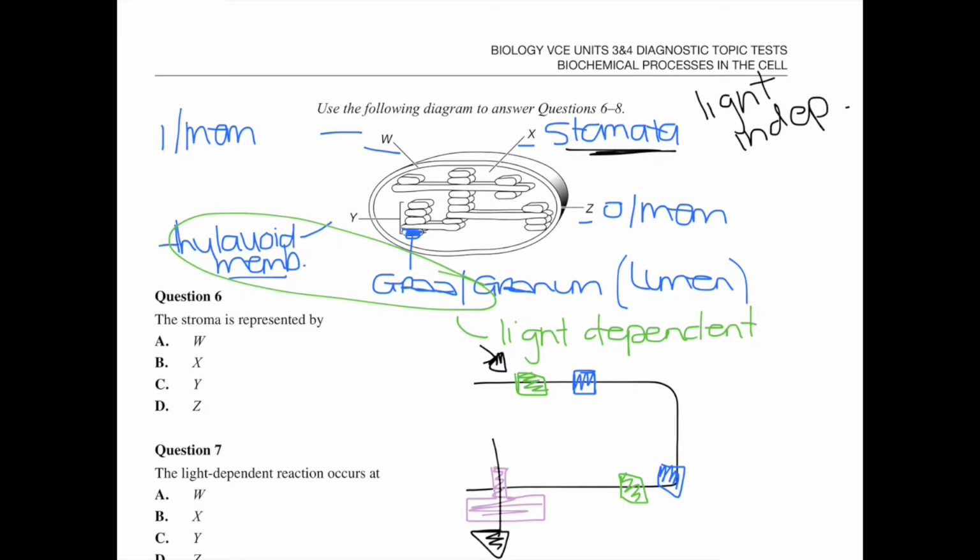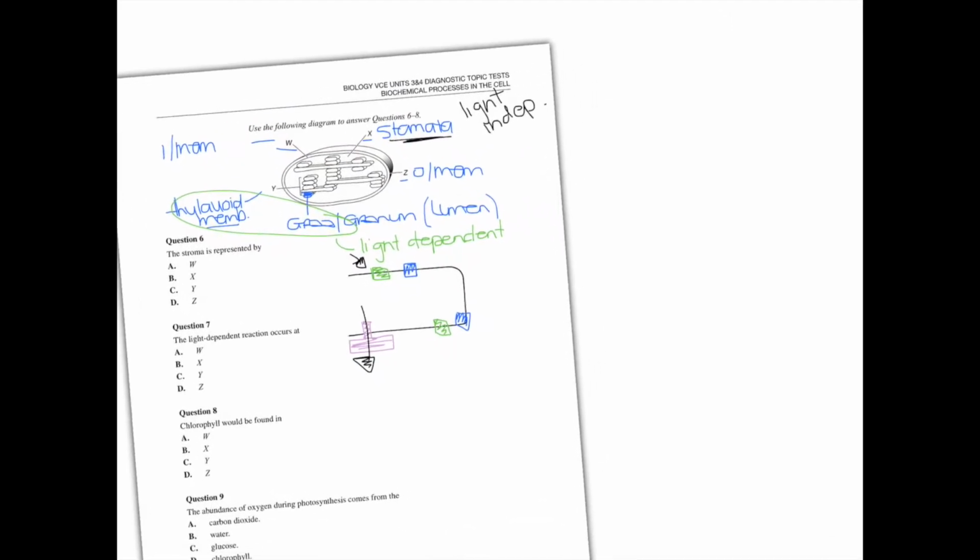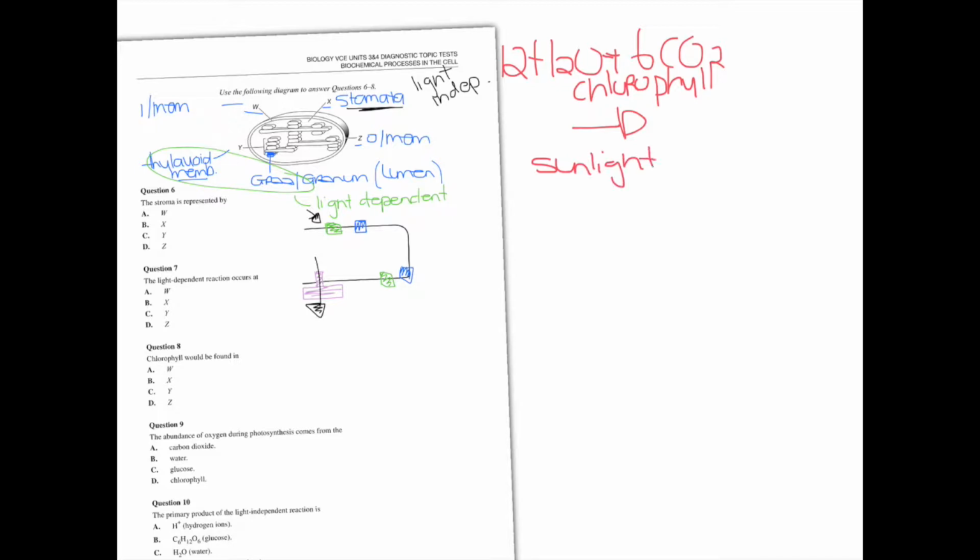The other thing that you should make sure you write down whenever you see a question about photosynthesis is the equation. So 12 waters, 6 carbon dioxides, we require chloroplast, chlorophyll, sunlight, and then that gives us glucose plus 6 new waters plus 6 oxygens.